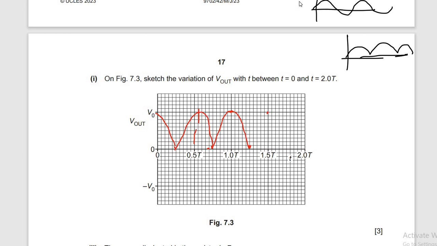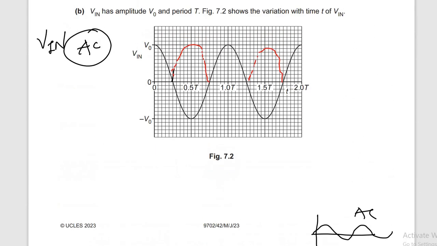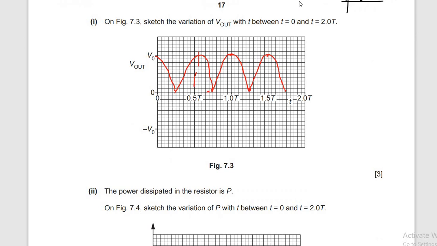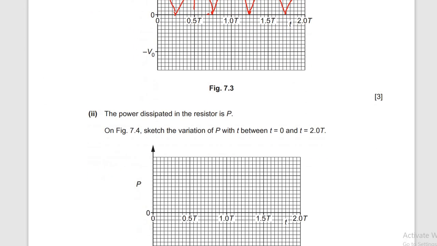Something like this. Come back here. And the last one, from that to, so this is it. This is DC. This is the graph of output. It must not cut across the x-axis because it's a direct current. We've converted it. The next question.